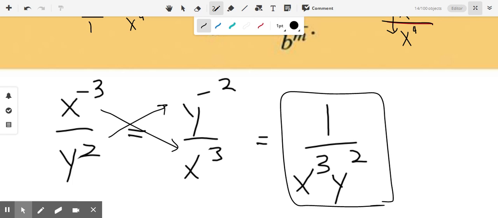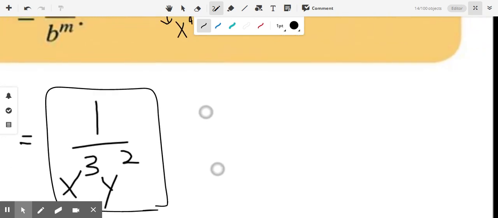Okay? So what will happen is if I have x to the 3rd over x to the 7th, that is a division. So we said what we do when we divide, if the bases are the same, is we subtract. Always top minus bottom. 3 minus 7 is negative 4.